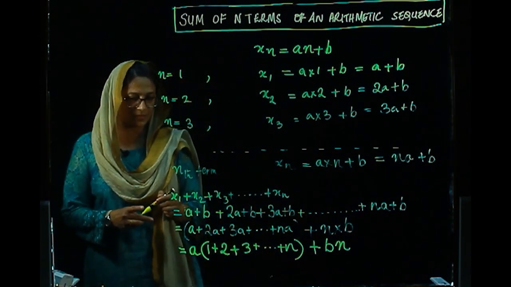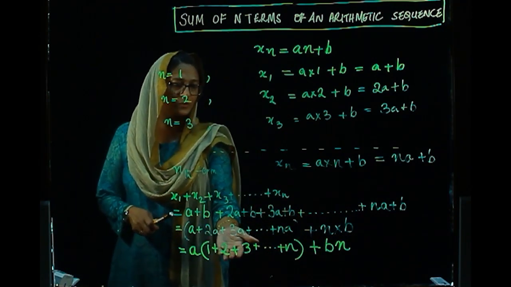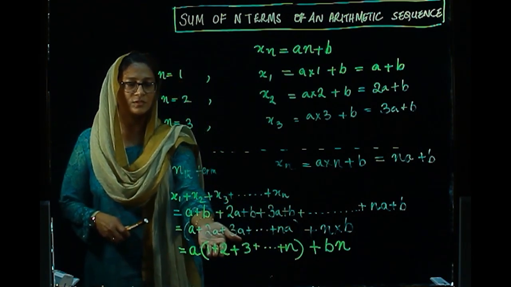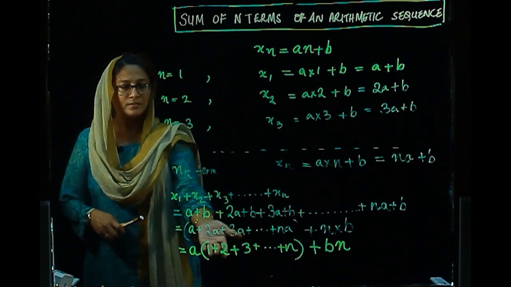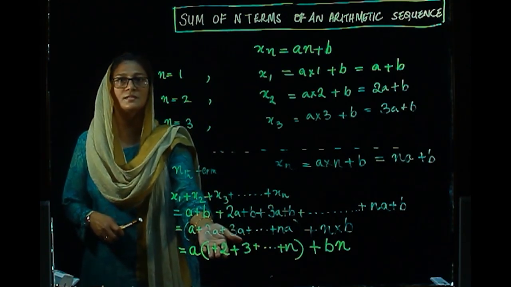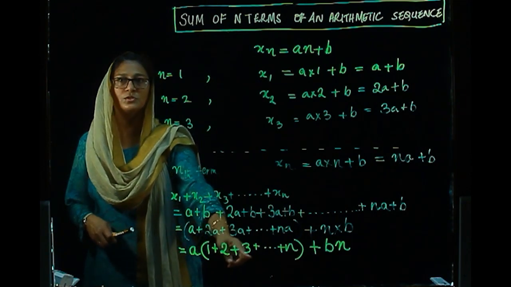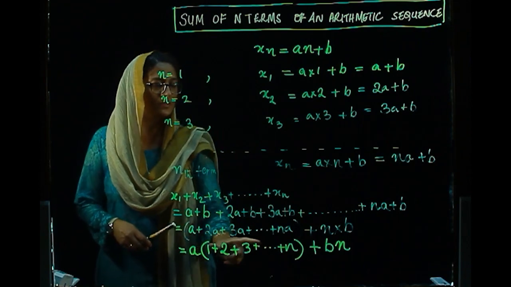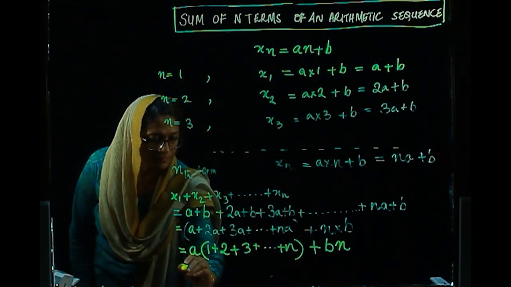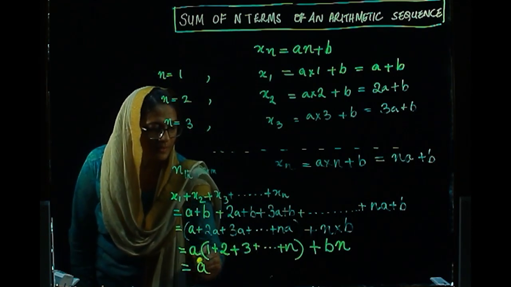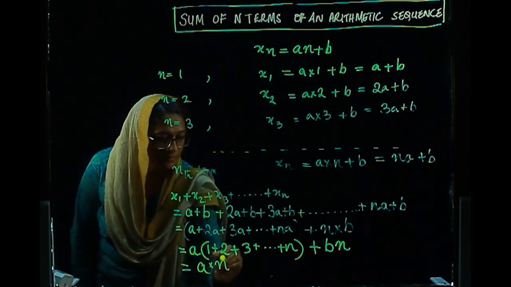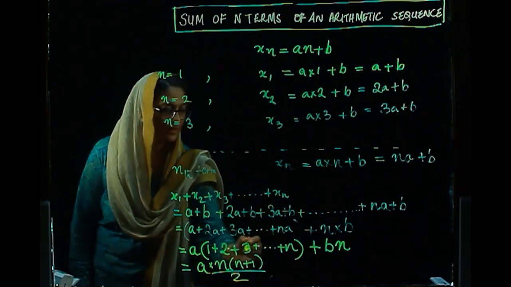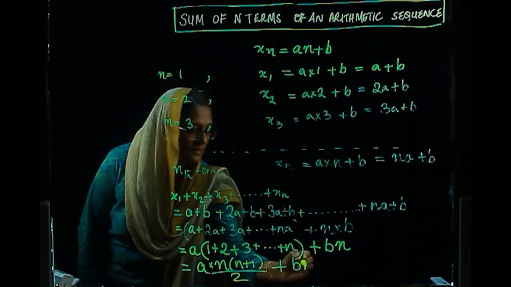Now look at the expression that we have got, 1 plus 2 plus 3 plus etc. up to n. That is our consecutive natural numbers starting from 1. We have already learned the sum of natural numbers, that is n into n plus 1 by 2. Let us substitute the formula for the sum of the natural numbers. Here we have a multiplied by n into n plus 1 by 2 plus bn.